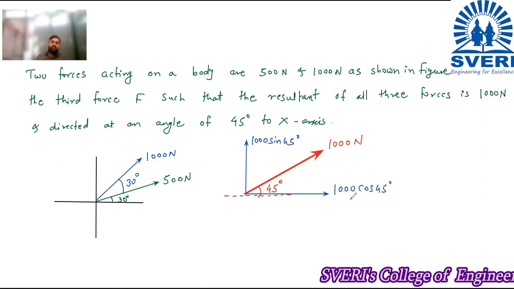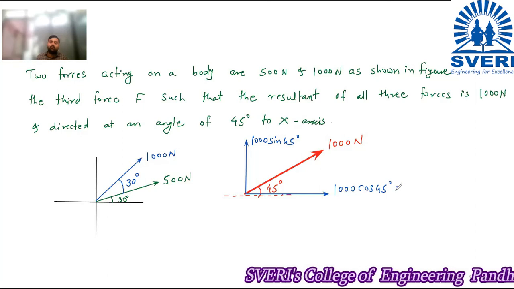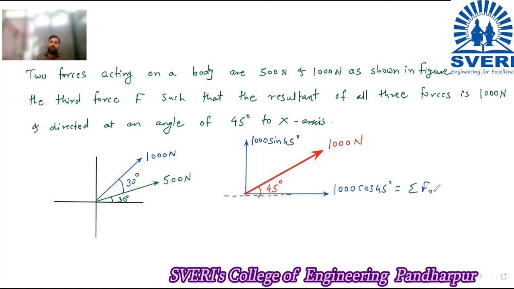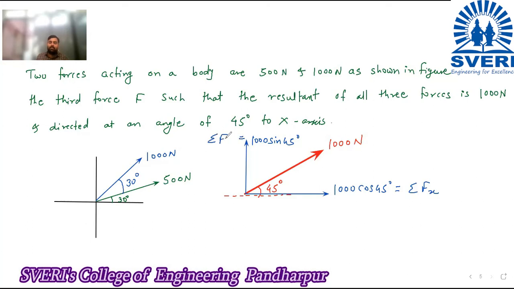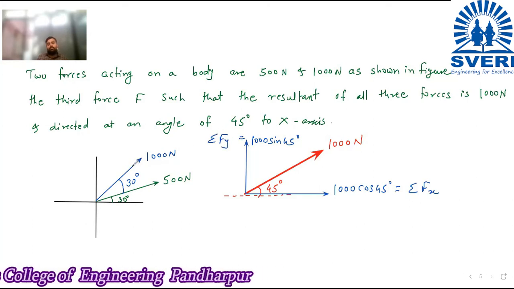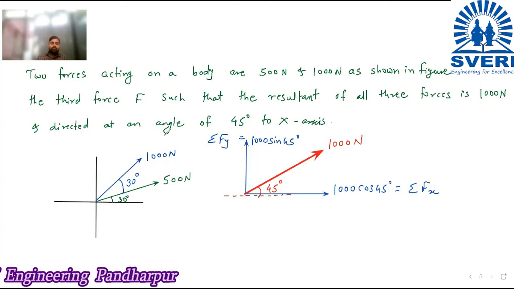This is nothing but R cos alpha, so this must be equal to summation Fx, and this must be equal to summation Fy.